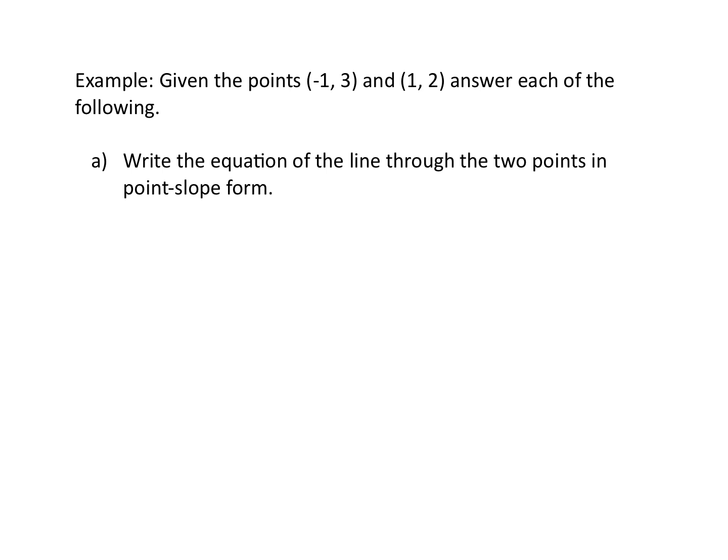As another example, now I'm giving you 2 points, -1, 3 and 1, 2, and we want to write the equation of this line in point slope form. So point slope form is y minus y1 equals m times x minus x1. And maybe we'll call this x1, y1, and this one x2, y2.